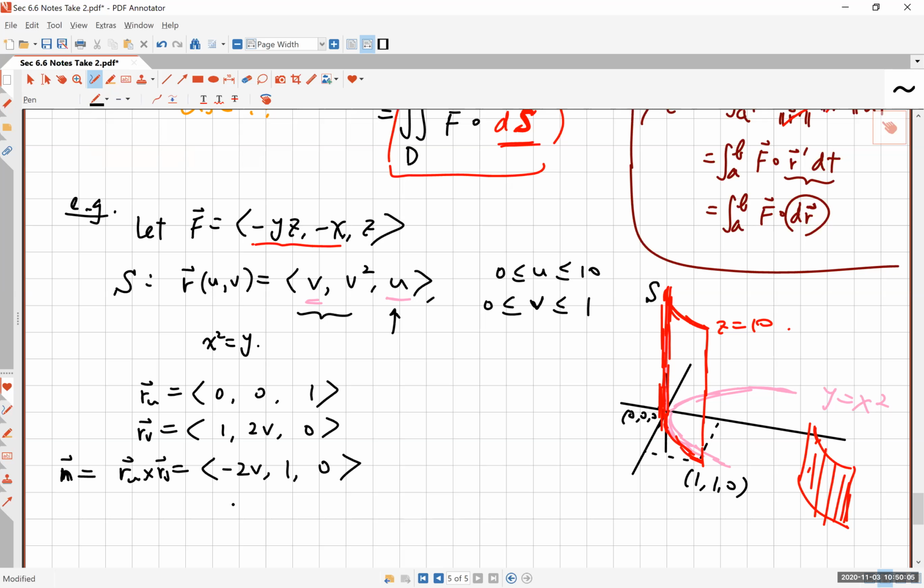So imagine here, at any point, for instance, if v is equal to 0, the point is 0, 0, u, right?